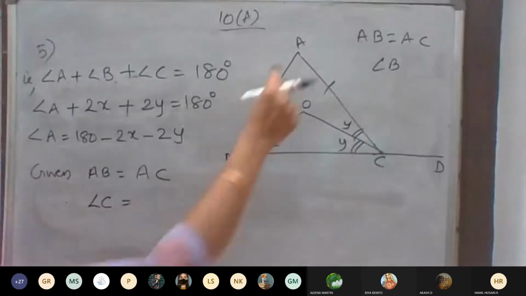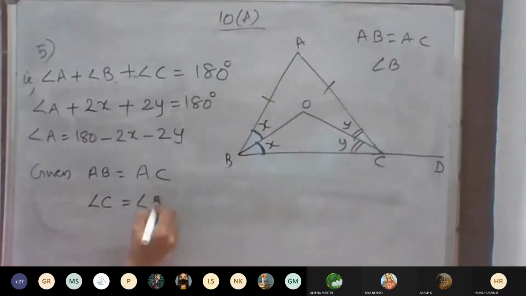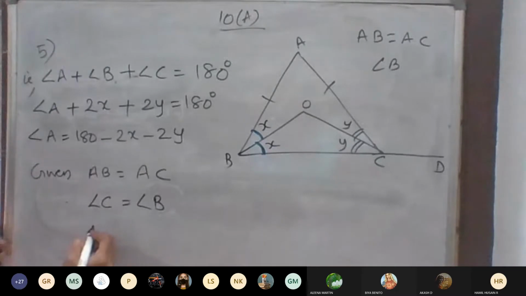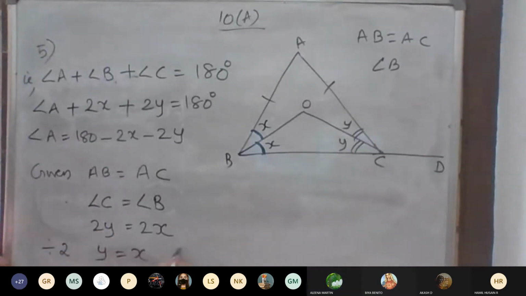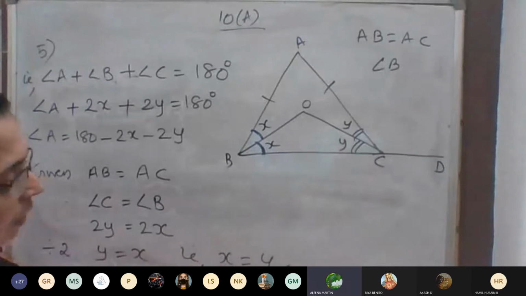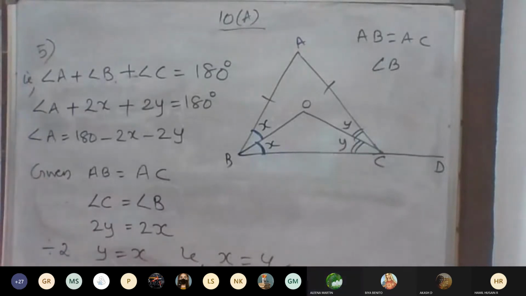Angle C will be equal to angle B. So we can say 2y is equal to 2x. Dividing throughout by 2, we get y is equal to x. That is, x is equal to y.